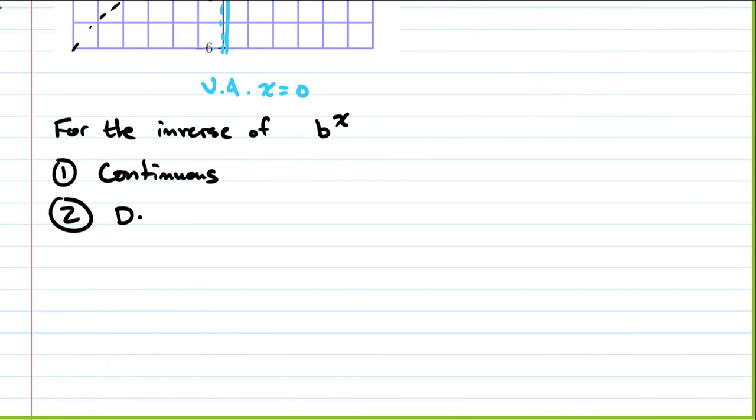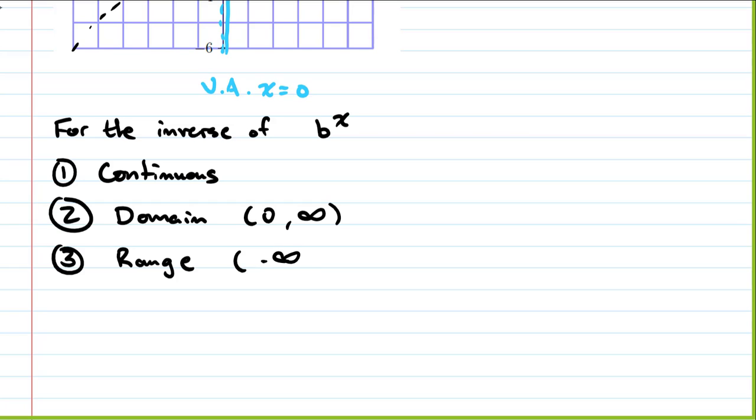So its domain has to be the set from 0 to positive infinity. Its range has to be then from negative infinity to infinity.